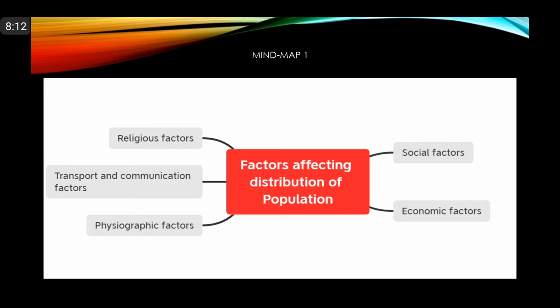Now you can see the transport and communication factors, which of course play a very important role. Wherever in our country there is a good network of transport and communication, you can see that human settlement has developed. The concentration of population remains high because of an early history of human settlement and development of the transport network.